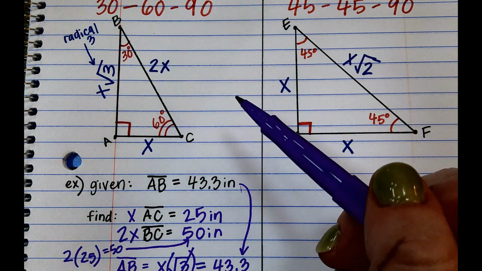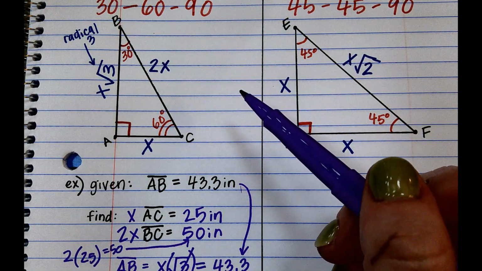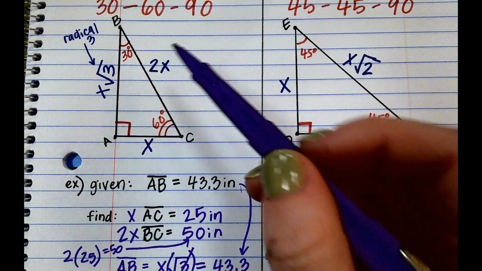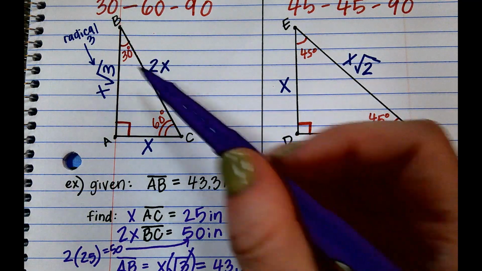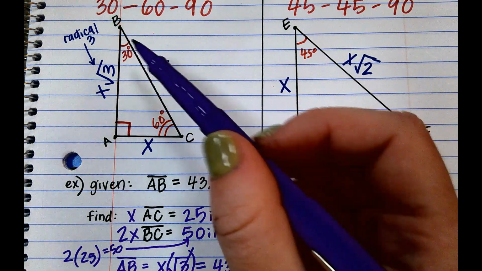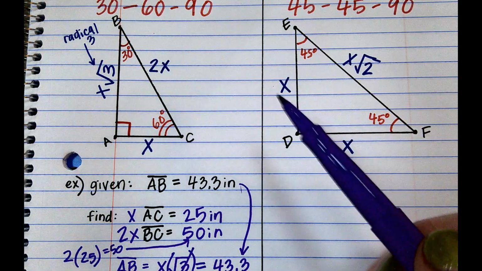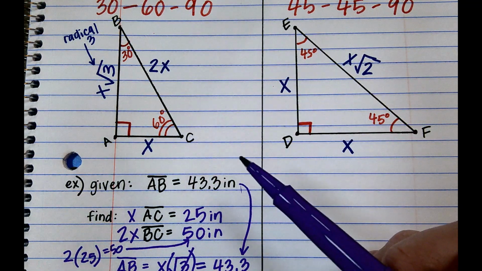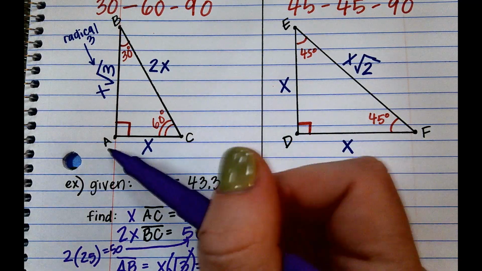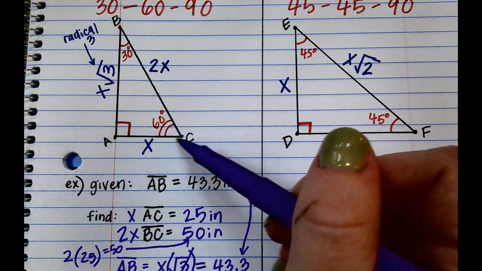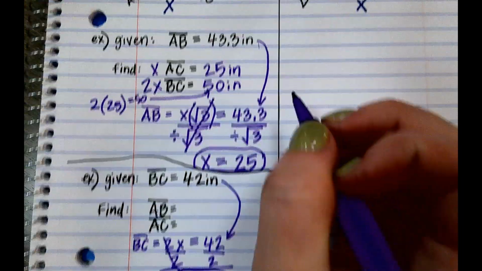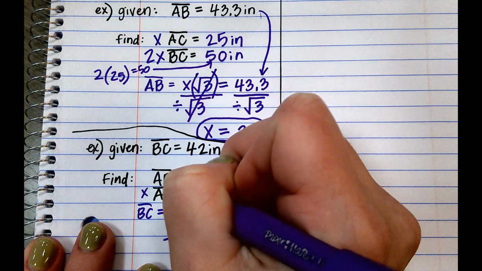We're going off of the 2x side, BC, which is 42, because that was given. I just solved for x, so which side is 21? Yes, x is 21 and this side AC is labeled x, so AC is also 21.